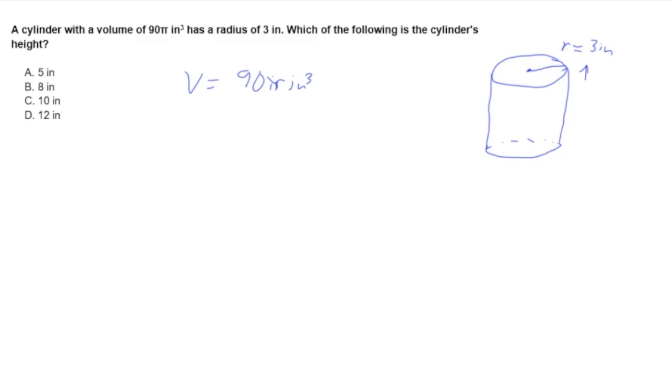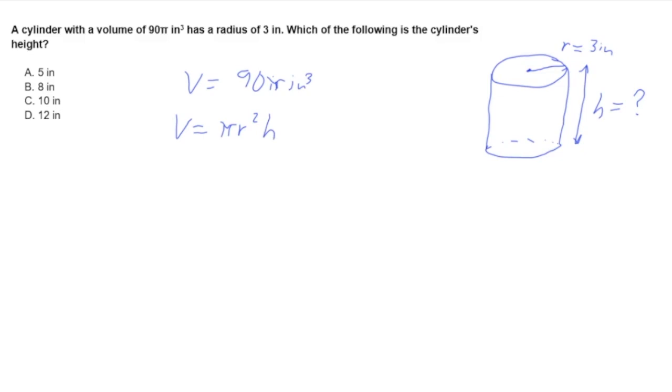And our height over here, we don't know what that is. That's what we're trying to solve for. So let's review our formula for volume, and let's see where we go from there. To get the volume of a cylinder, it's pi times the radius squared times the height.